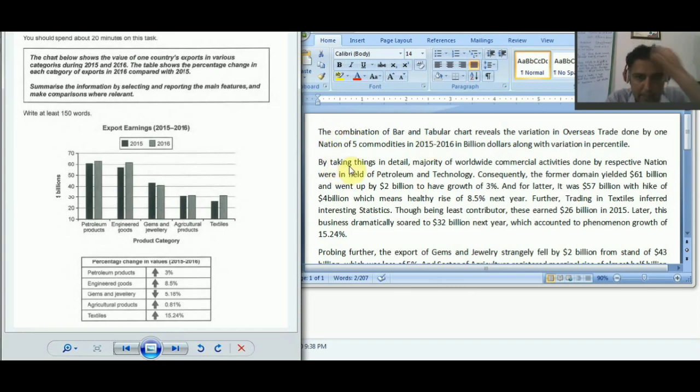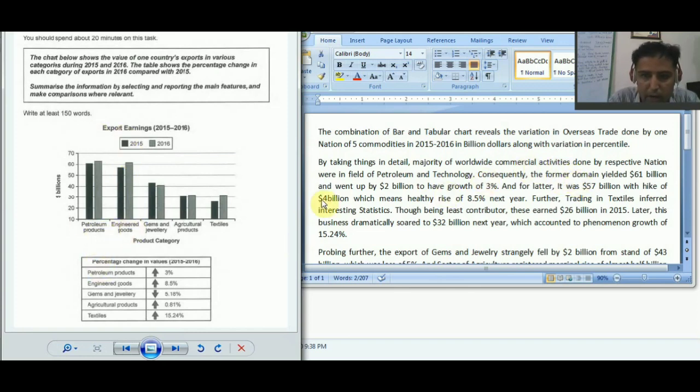By taking things in detail, the majority of worldwide commercial activity done by the respective nation was in the field of petroleum and engineering, as I have shown here.